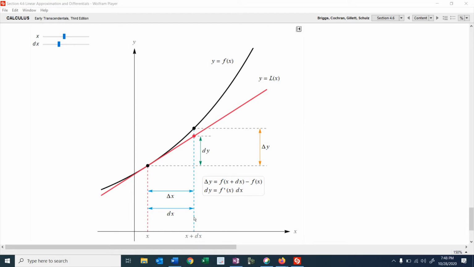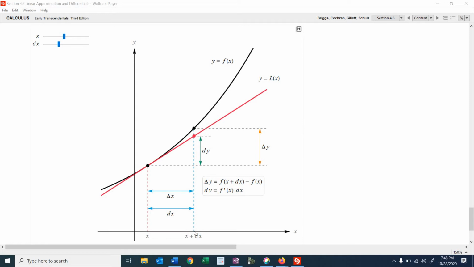Okay, so let's suppose we change to this x value over here, and the amount that we change by is going to be called delta x. So that's going to put us at this point over here, which is going to be x plus delta x. Now, here's where we're going to define the differential change in x, labeled dx.